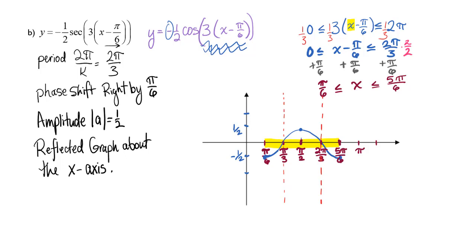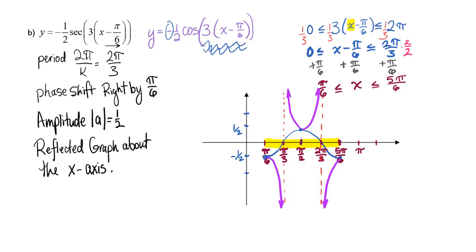I use that to sketch my reciprocal function. I know that they bump at the maxes and mins, and they tend toward the asymptotes as they approach positive and negative infinity. So I have something like this.